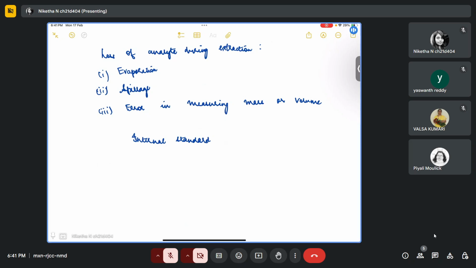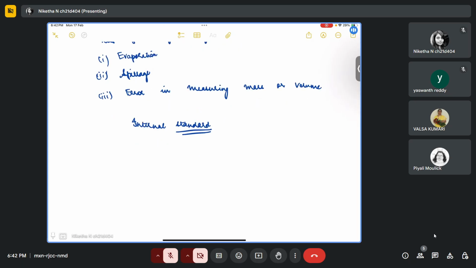Generally, what is a standard? It's a chemical of known composition, known quantity, and sometimes even the concentration is known, and it is known to be true. Such substances are called standards, and we use them during calibration.